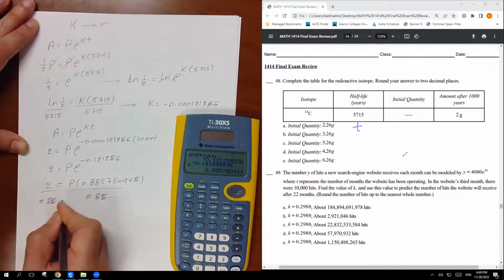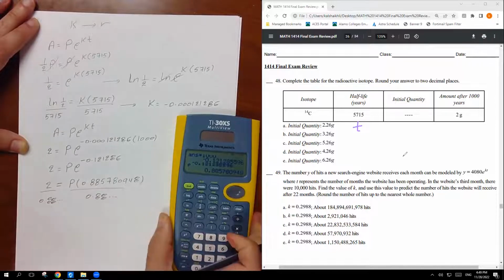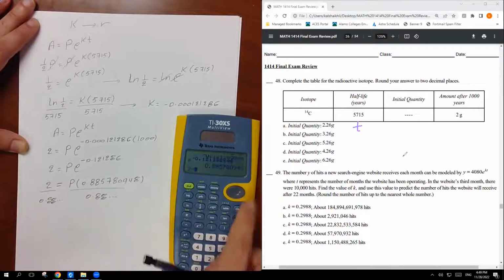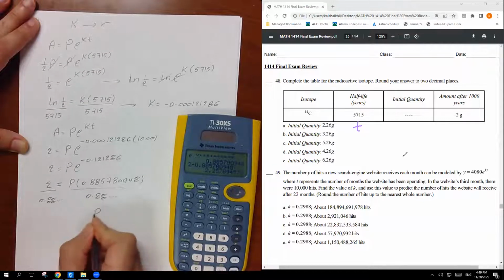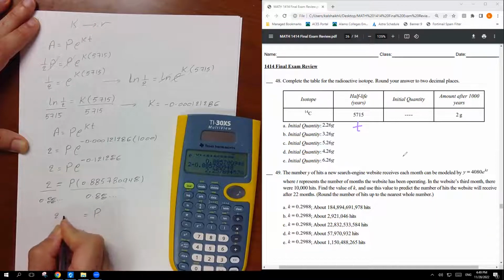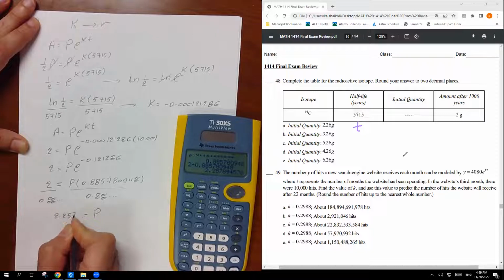So that means 2 divided by this number, the initial is going to be 2.257.